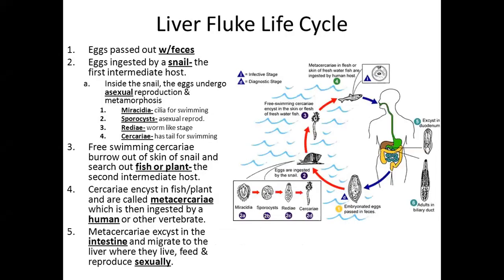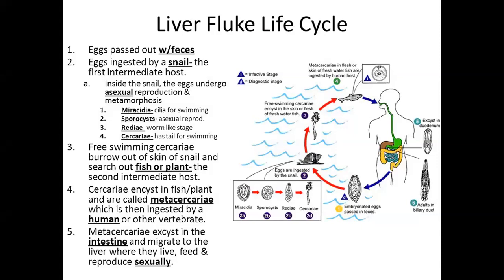This is what happens in the liver fluke cycle. Eggs passed out with feces, eggs ingested by snail, the first intermediate host. Inside the snail, the egg undergoes miracidia with cilia for swimming, asexual reproduction, worm-like stage with tail, free-swimming cercariae burrow out of the snail skin and search out fish and plants, the second intermediate host.